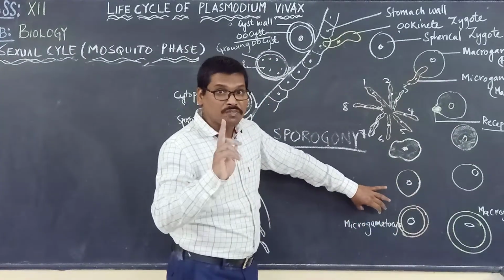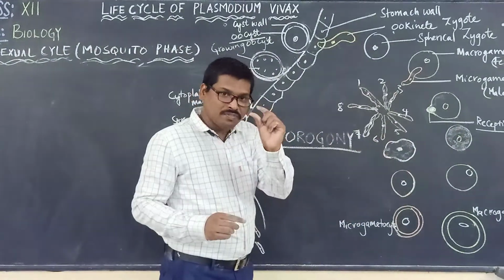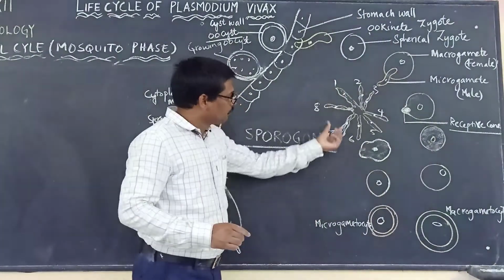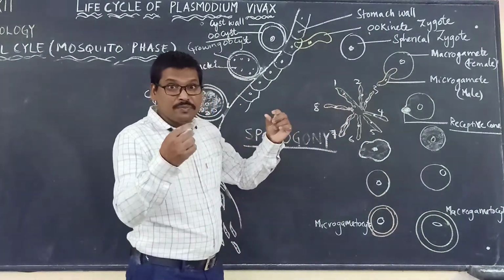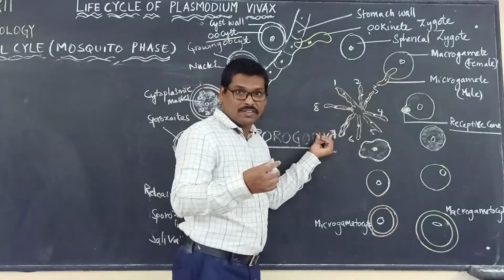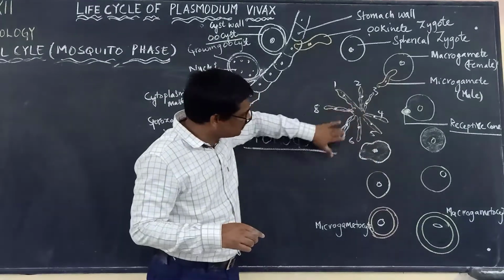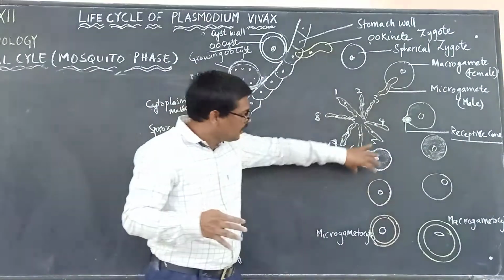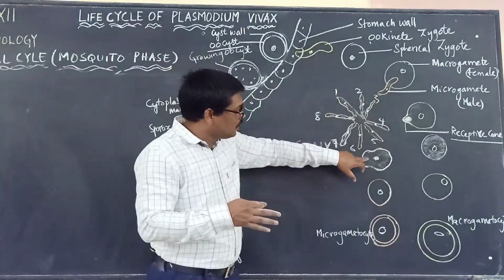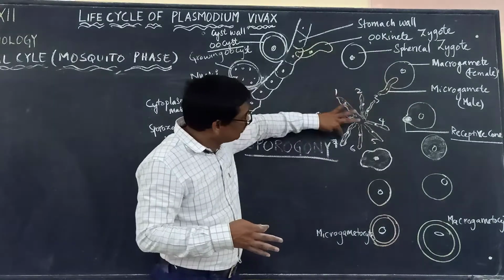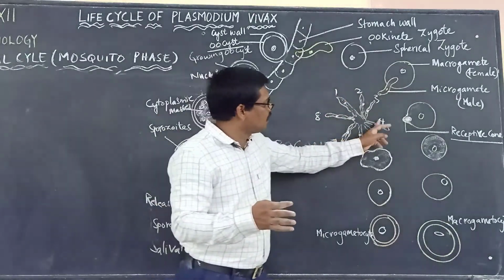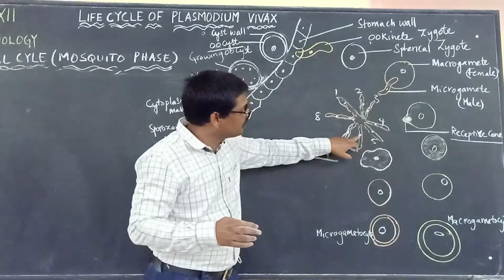Now here, formation of the male gamete: one microgametocyte produces flagella-like structures, into which all the cytoplasm is pushed. These flagella get separated from each other, and each one has a nucleus.